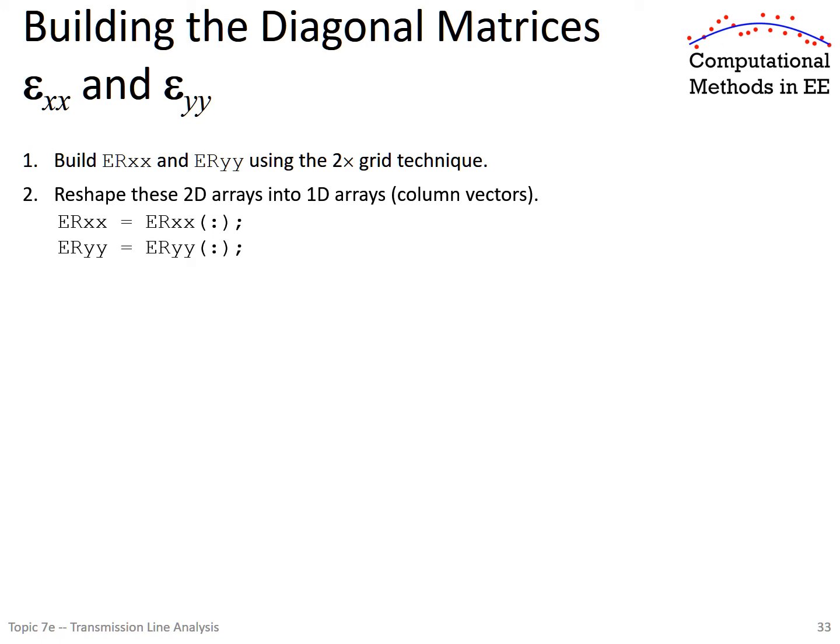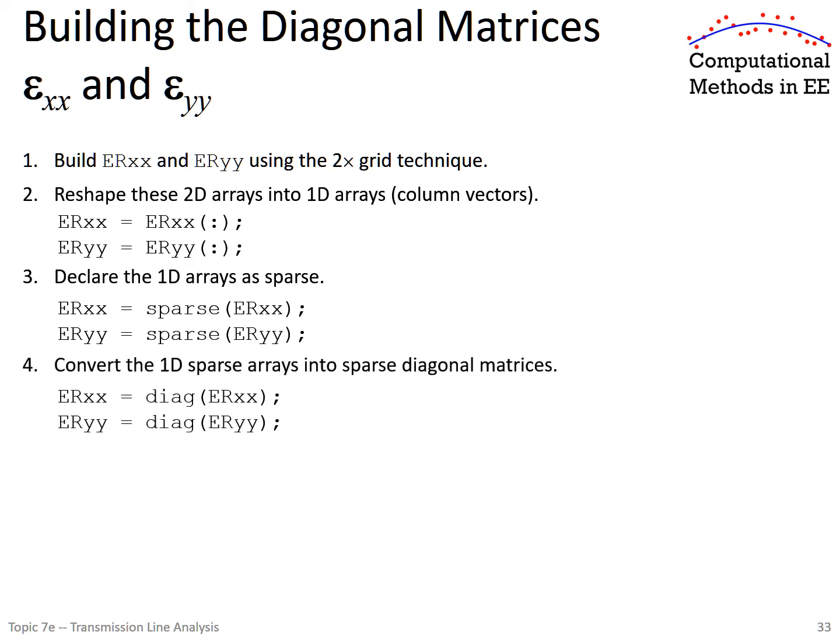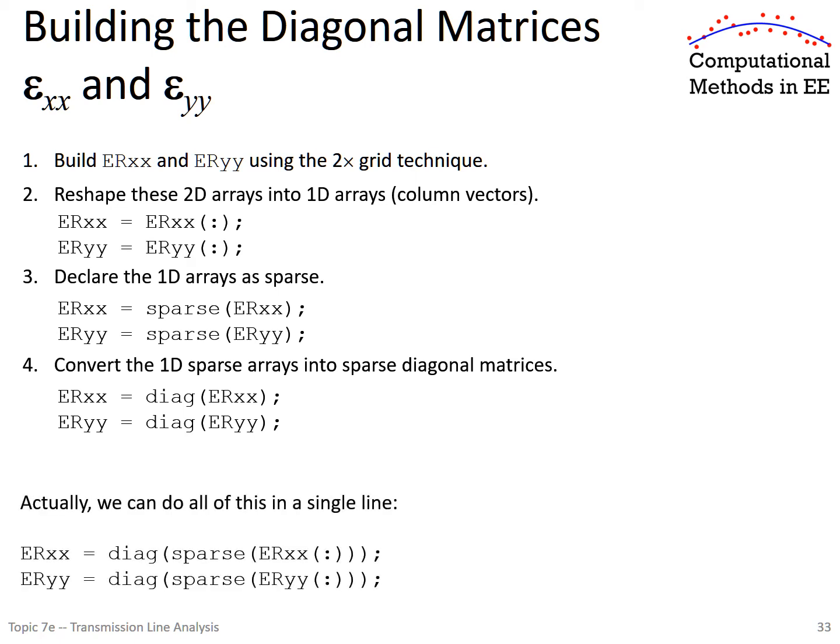So then what we want to do is reshape those 2D arrays and make them column vectors. We will then declare them as sparse. And then we'll take our sparse 1D arrays and make them the diagonal in a large square matrix. Now, it turns out I like to do all of these at the same time.